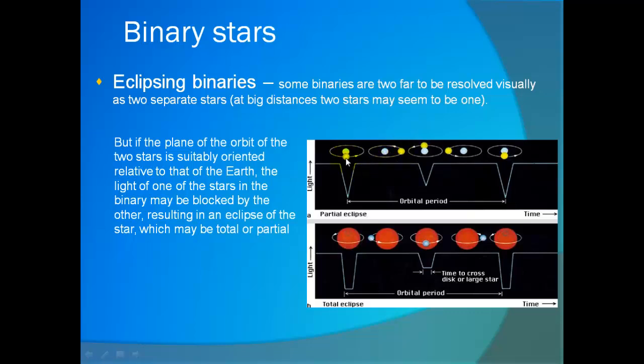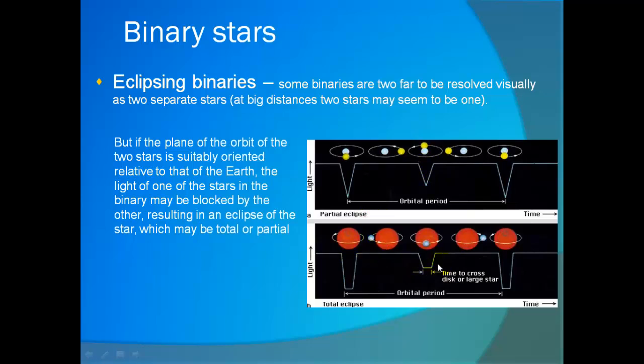What happens here is that the dimmer star goes in front of the brighter star, so there's a big drop-off in the amount of brightness that we see, because this is blocking some of the light from this one. Here we have the same thing again, but the brighter star is blocking the dimmer star, so there's only a smaller change in the luminosity.